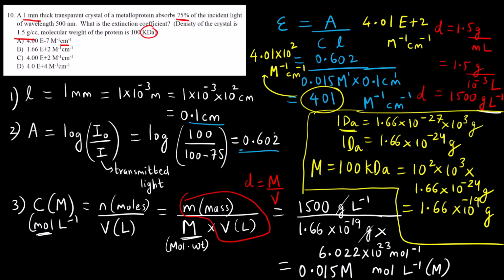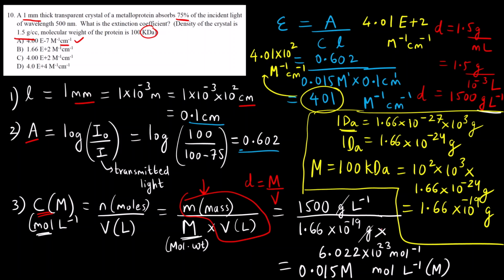Okay, so I hope you have understood all the conversions. First, we converted millimeter to centimeter, because the final answer is needed in centimeter inverse. Second, we calculated absorbance, and then we calculated the concentration. Here there was a trick that mass by volume you have to substitute with density.